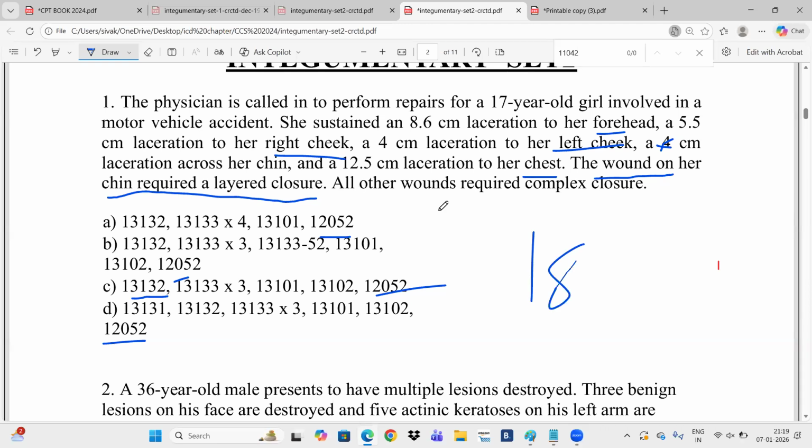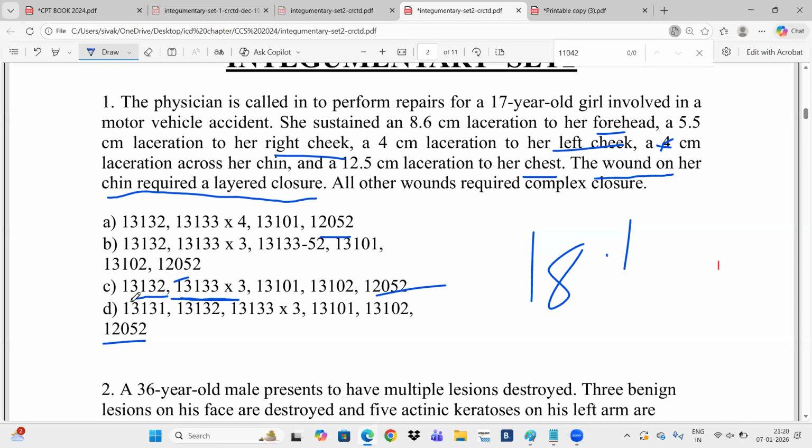After 7.5, for each additional 5 centimeters we need to use the add-on code. After 7.5 we have 10.6, so 5, 5 and 0.6, total 3 times. Correct? Yes.